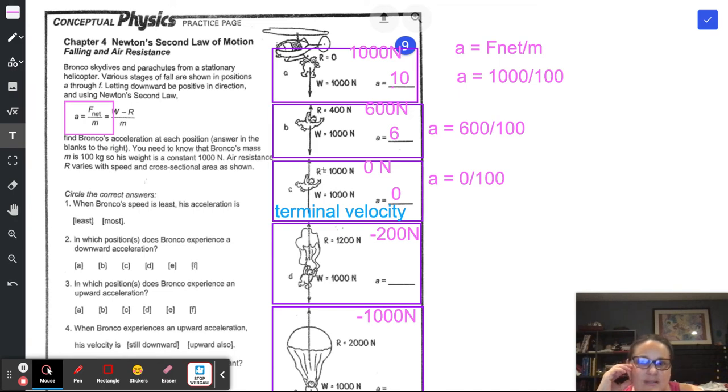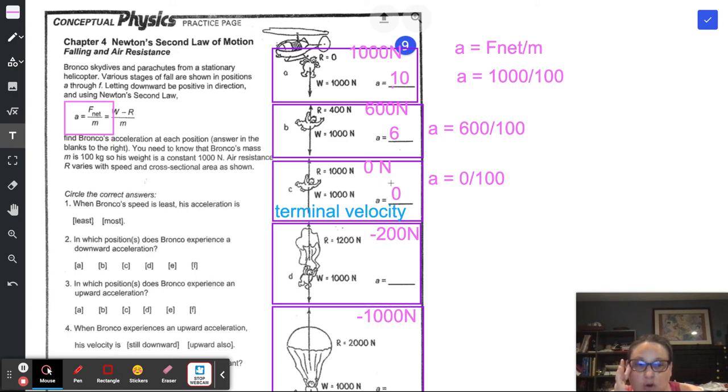When the air resistance is equal to the weight, you get a net force of 0, which means your acceleration is actually 0. When you first start falling, in normal falling, you have an acceleration of gravity. But as you start to move, as air resistance starts to cancel out your weight, your acceleration drops to 0.